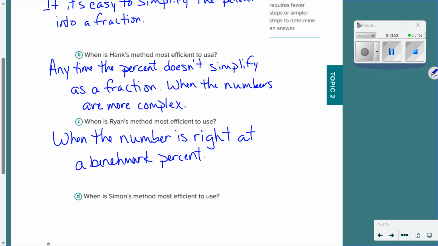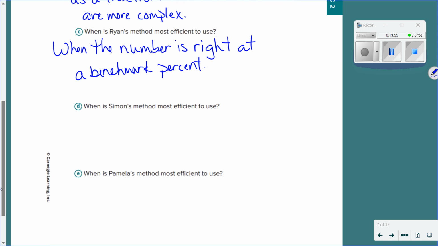When is Simon's most efficient to use? There is a huge caveat to Simon's method. What is the caveat? When is it most efficient?